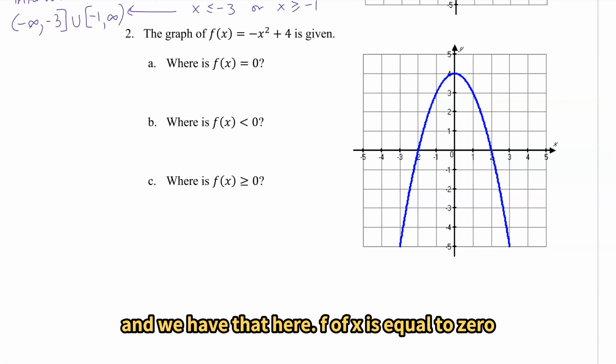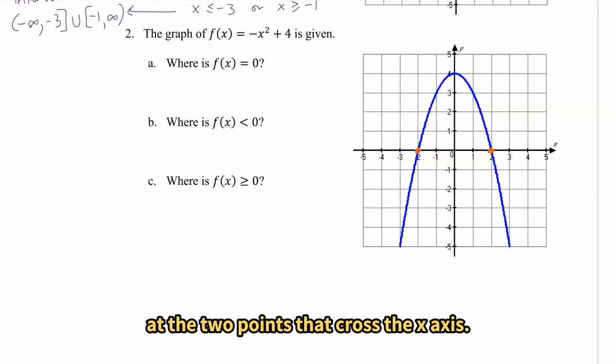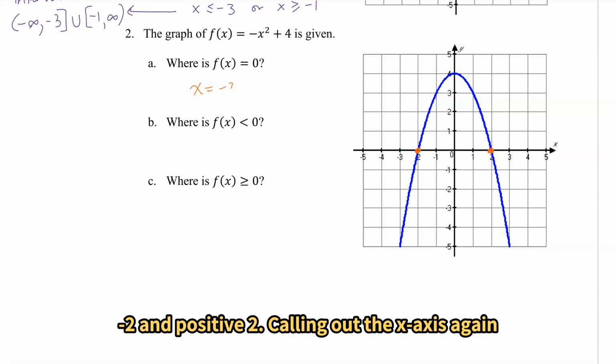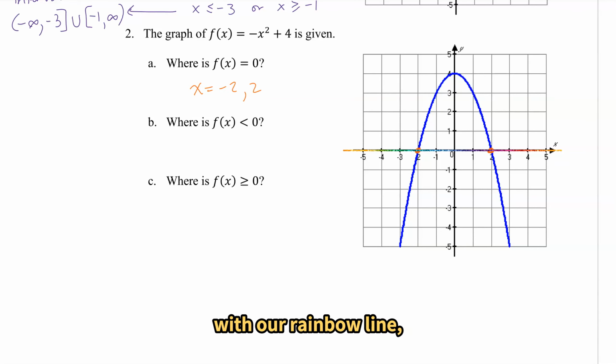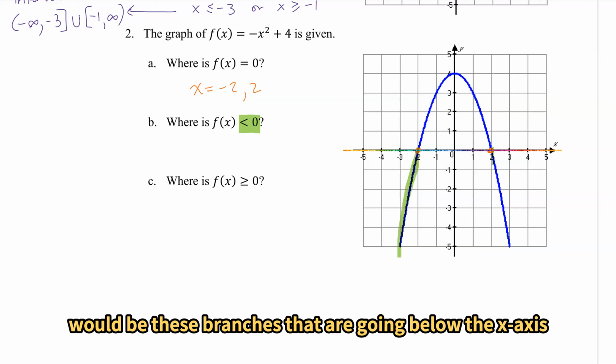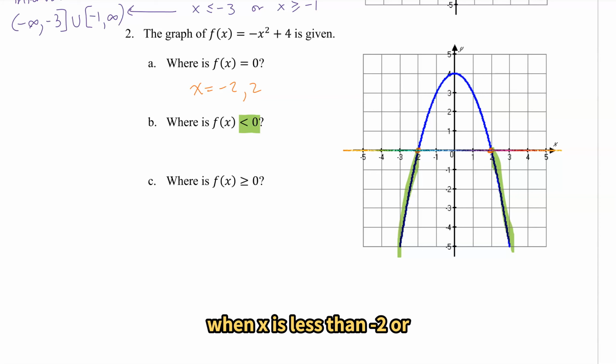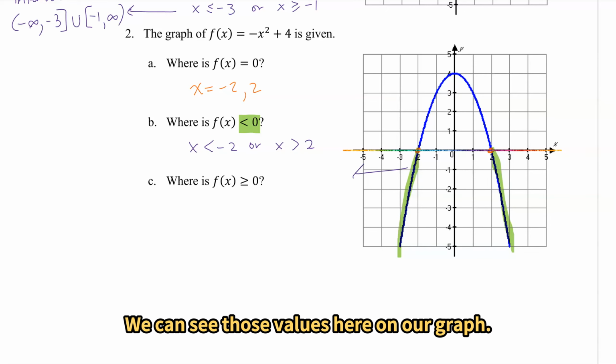F of x is equal to 0 at the 2 points that cross the x-axis, -2 and +2.